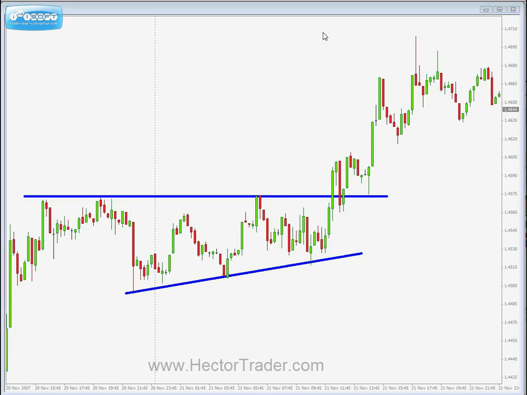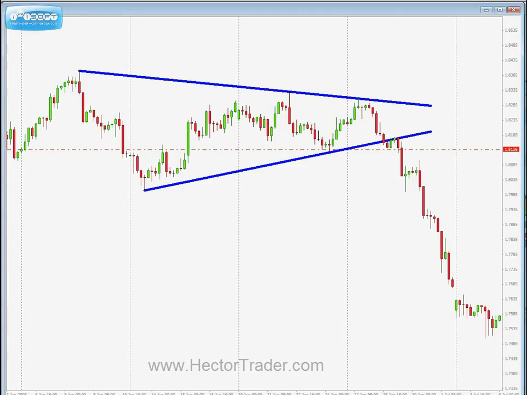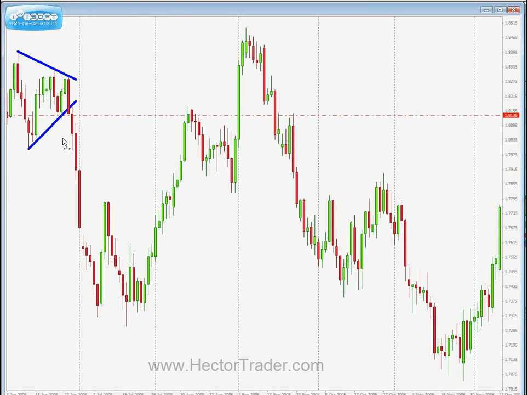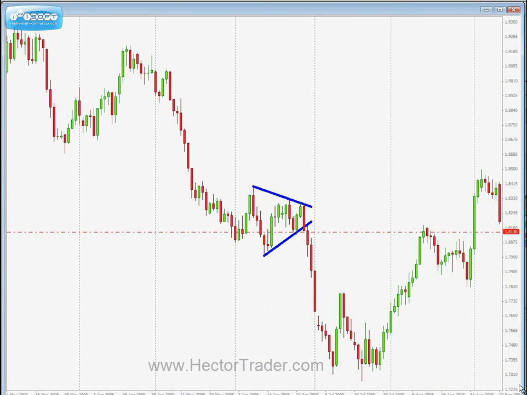Well, guys, that's basically it for triangles. Always keep in mind three different aspects. First of all, always trade in the direction of the main trend. Second, only breakouts that take place in the direction of the overall market sentiment.